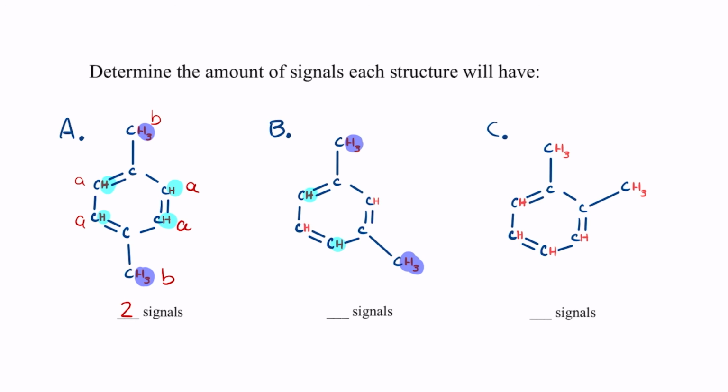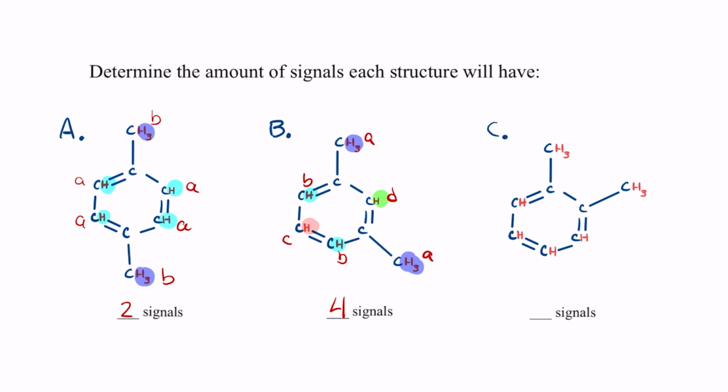Because remember that the plane of symmetry goes down the middle. So this hydrogen will have its own chemical signal, and this hydrogen will have its own chemical signal. Therefore, if we call this signal A, signal B, and signal B, and signal C and signal D, we'll find that this compound has 4 signals.